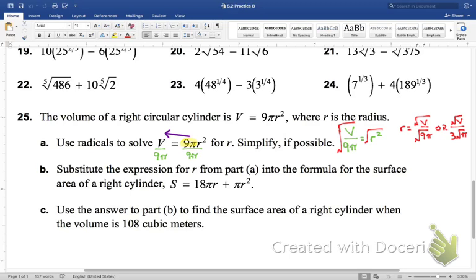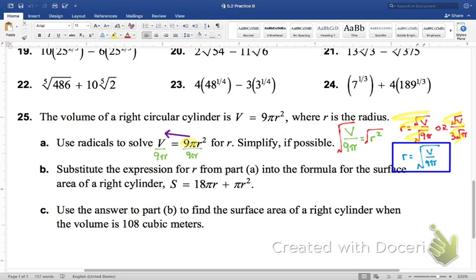For me, I would just leave it like this and have r equals one big square root. Any of the ones up here, all of those work.